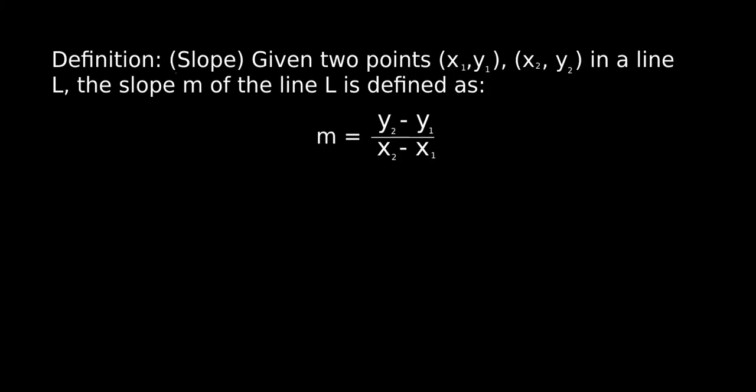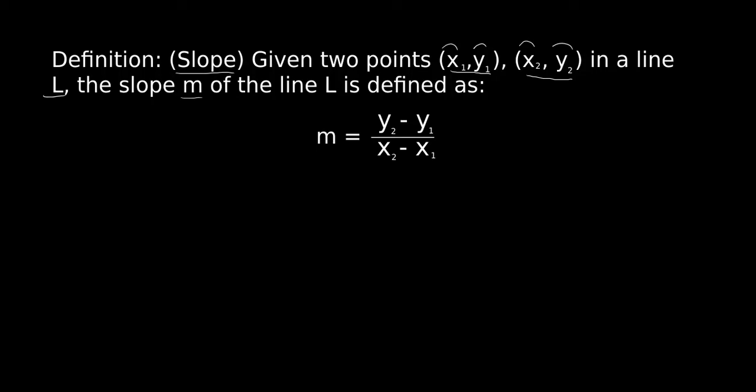Let's go ahead and define this number formally. We define the slope of a line L as, given 2 points x1, y1 and x2, y2, the slope m is going to be y2 minus y1 divided by x2 minus x1.